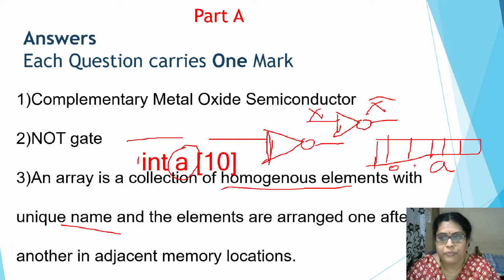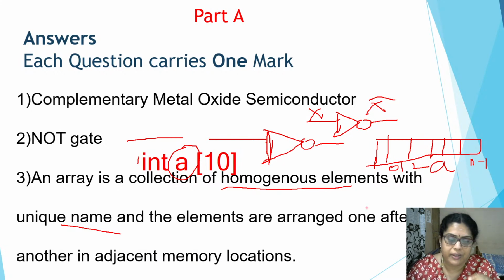Like that, if I want to access each and every element of the array, then I need to give something known as a subscript or an index. That's how I access the elements of an array. Always remember that the subscript starts with 0 and ends with n minus 1, one number less than the total size of the array.